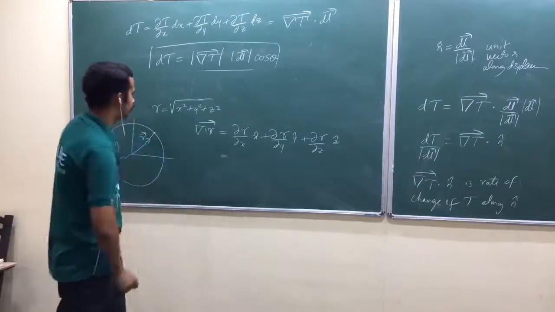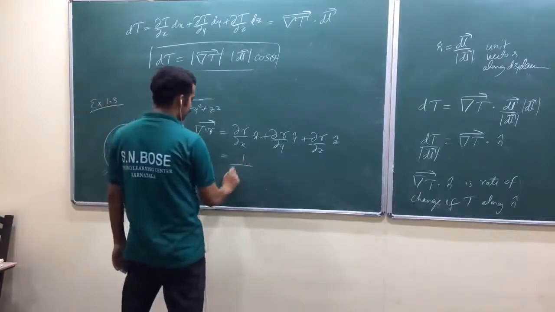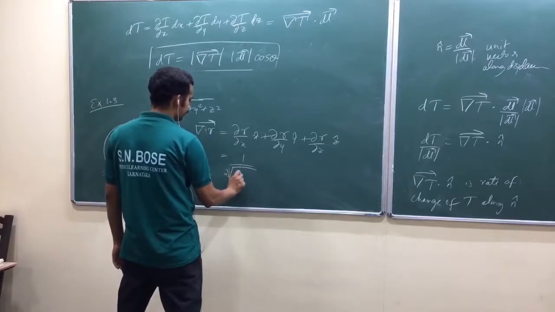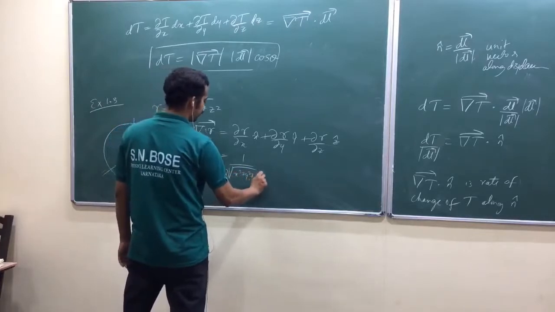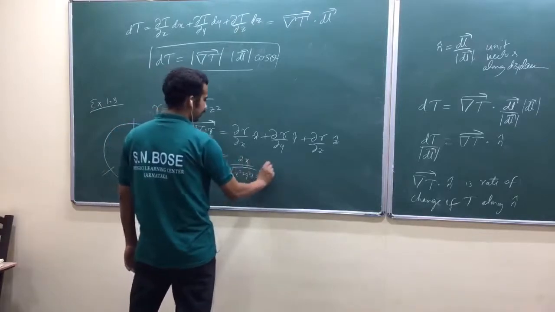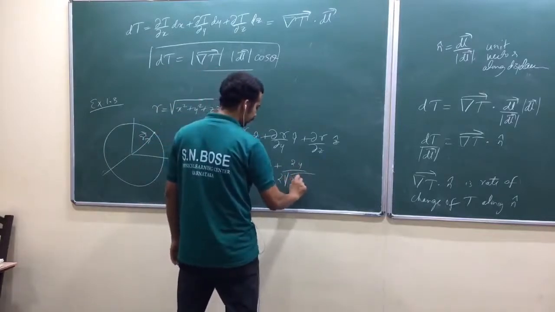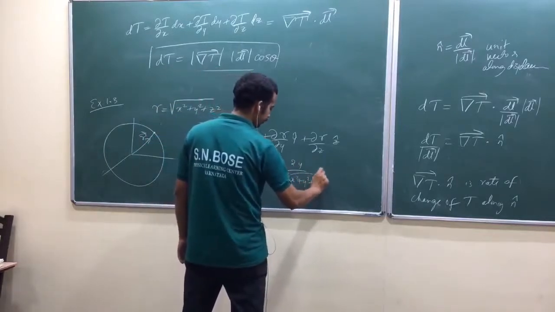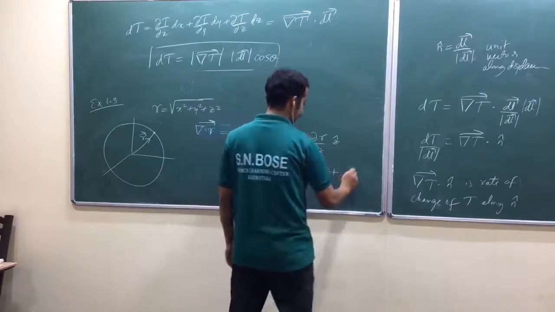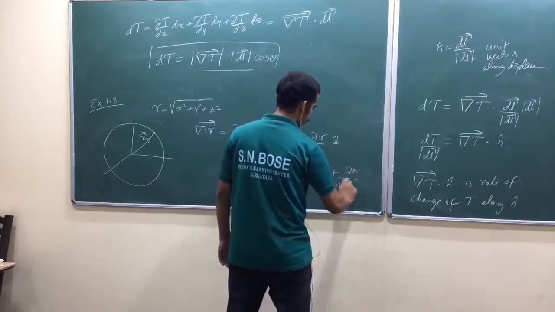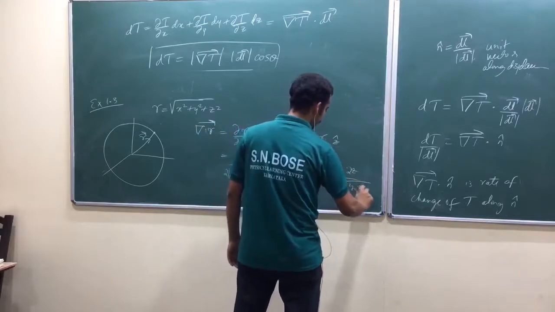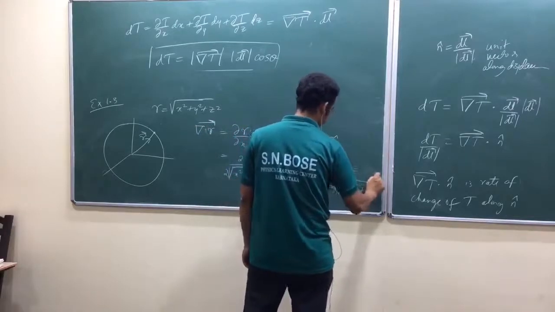Dou r by dou x means 1 by 2 root of x square plus y square plus z square into 2x, x cap. Then 2y by 2 root of x square plus y square plus z square, y cap. Then 2z by 2 root of x square plus y square plus z square, z cap.